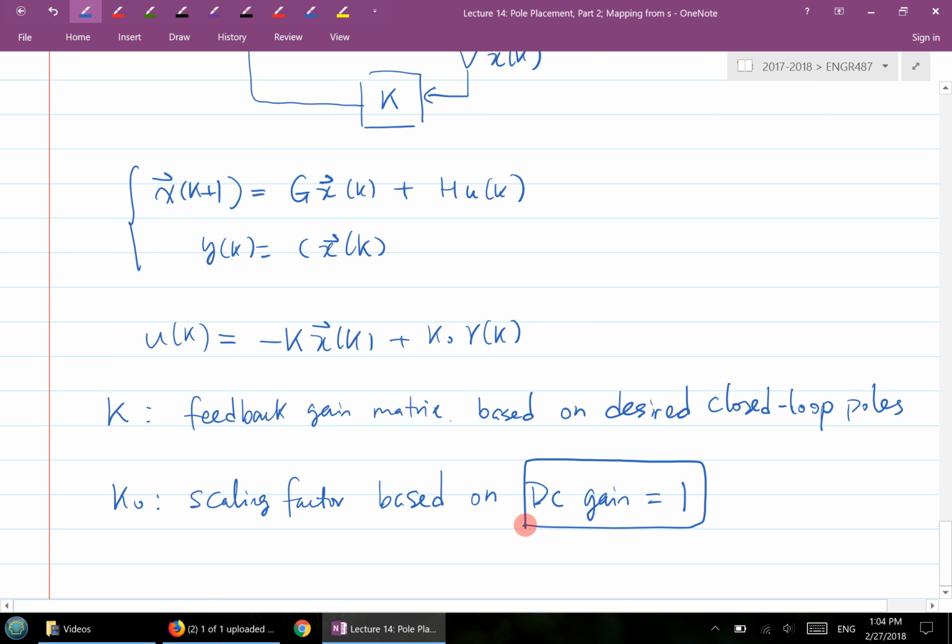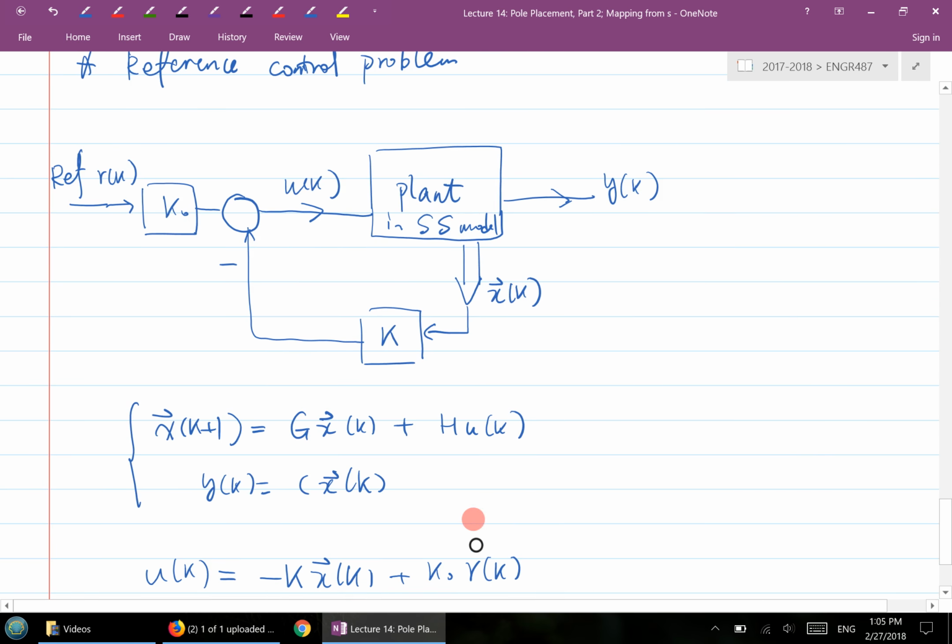So think about it: what does DC gain equal to 1 mean? Reference equal to output. Exactly, right? So you want the steady state error to be 0. That's what DC gain equal to 1 means. So here's a reference input. Here's the output. Basically you want the output to follow the input here, right?